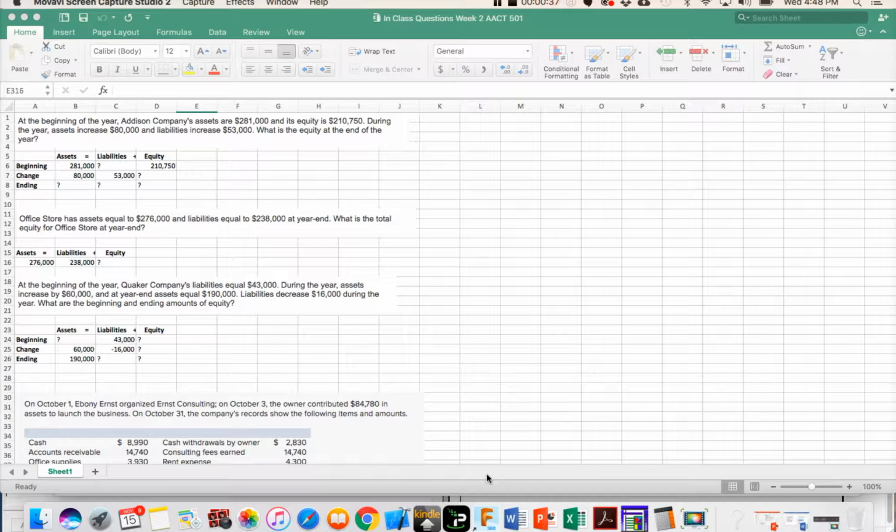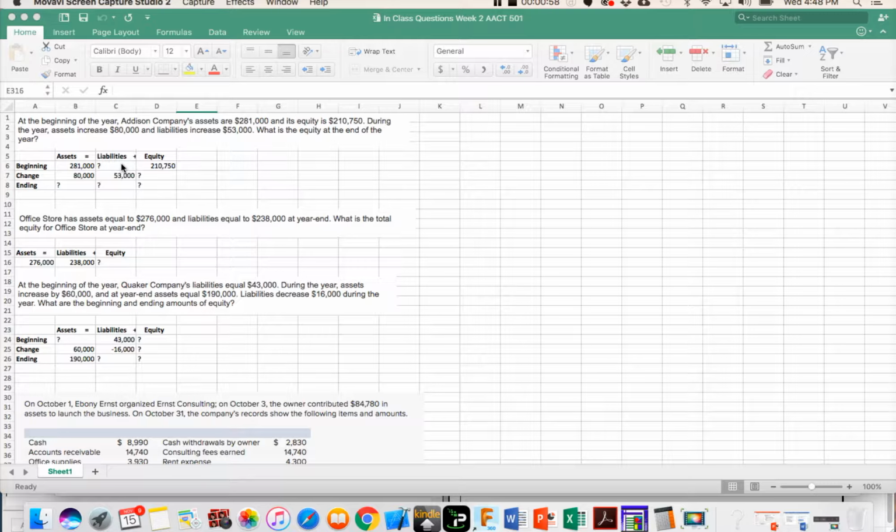So for most of these that have the basic accounting equation as what is supposed to be tested in the question, it's basically a simple algebra problem where you see question marks. Essentially, that's your x, so you're going to solve for x for each of these.